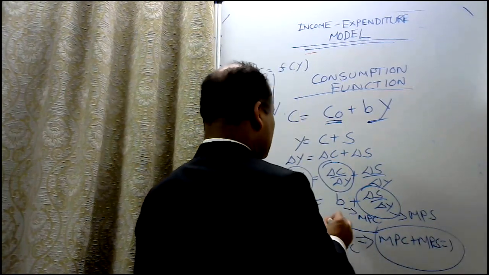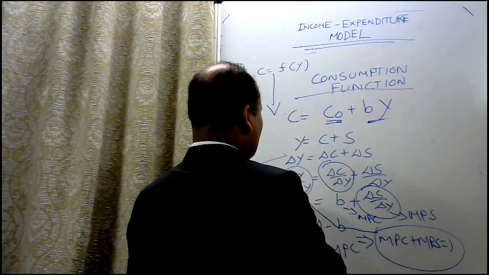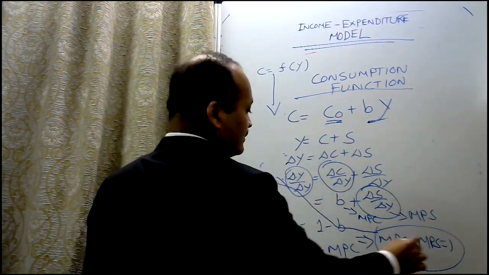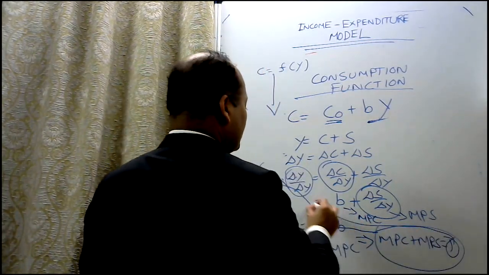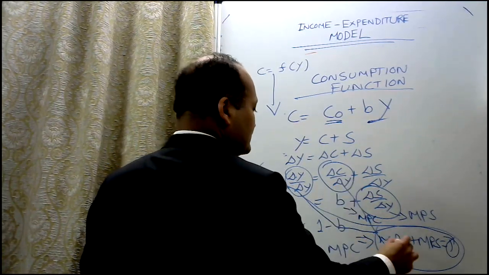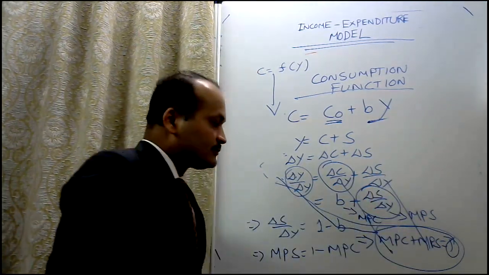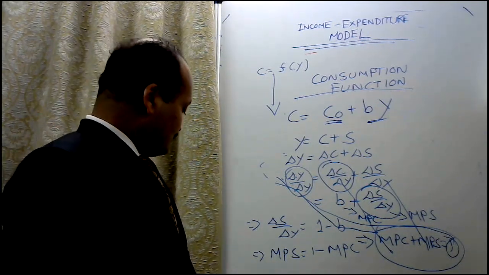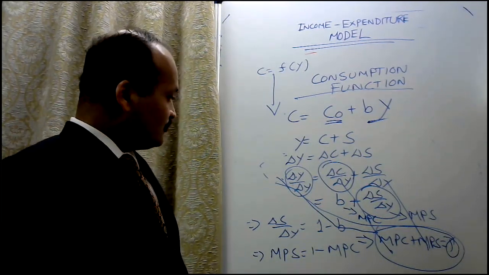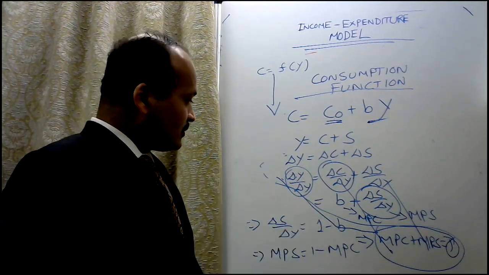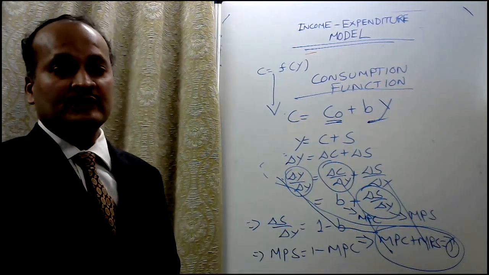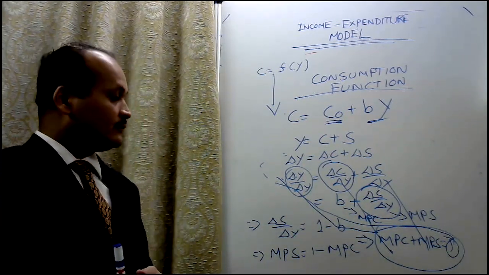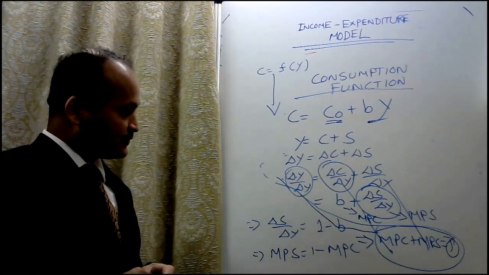This is the same equation put in a different way. The 1 is coming from here, and this is the MPC and this is the MPS. Please remember this, and we will see the significance of the marginal propensity to consume and marginal propensity to save very soon, maybe in the next session.